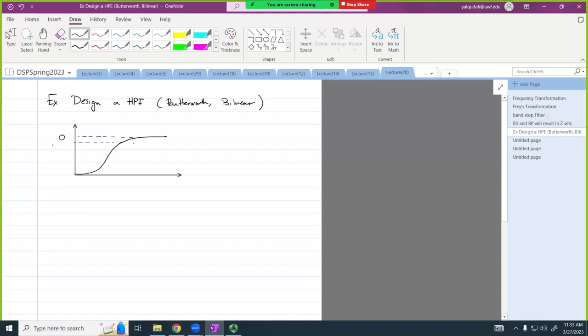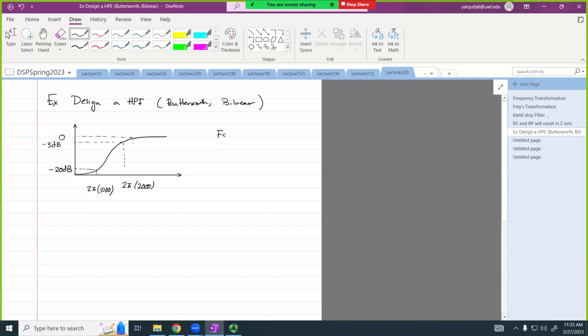So our 3 dB point, the omega cutoff, is equal to 2 pi multiplied by 2000 and omega stop is 2 pi multiplied by 1000 and the attenuation is 20 dB.